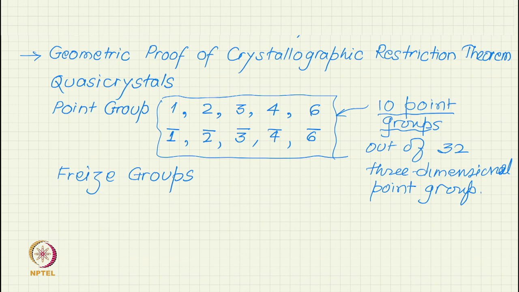So, that matrix or algebraic proof we gave, this class we will visit a geometric proof for that, the same thing, because in the algebraic proof we never drew any lattice or vector or anything.